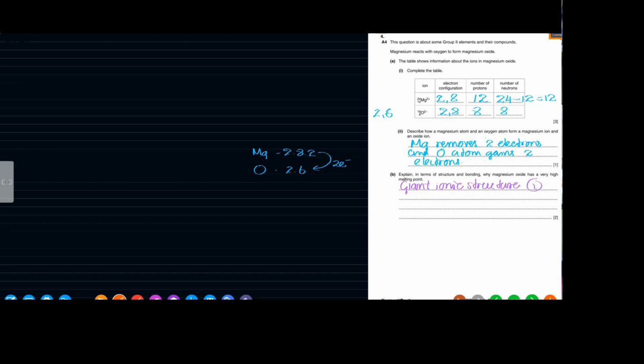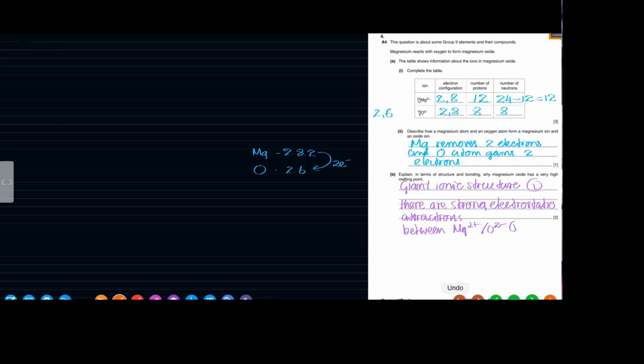Or you can say there are strong electrostatic attractions between magnesium ions and oxide ions, or oppositely charged ions, 1 mark.